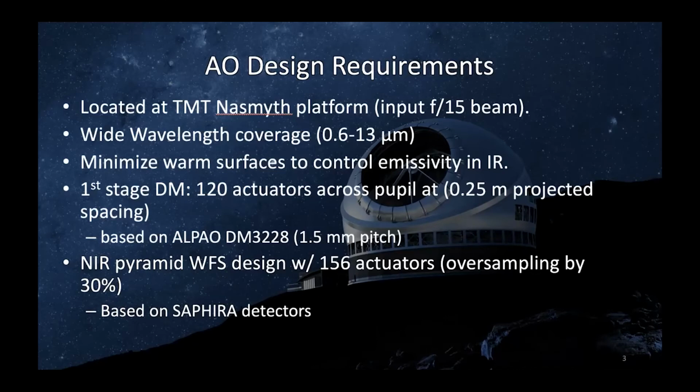For our first stage deformable mirror, we're basing the design on an Alpao mirror, which has 120 actuators across the pupil. And for our PSI red wavefront sensor, we're considering a near-infrared pyramid design with 156 actuators across the pupil. So that's, of course, oversampled. And this is currently baseline for Saphira detectors.